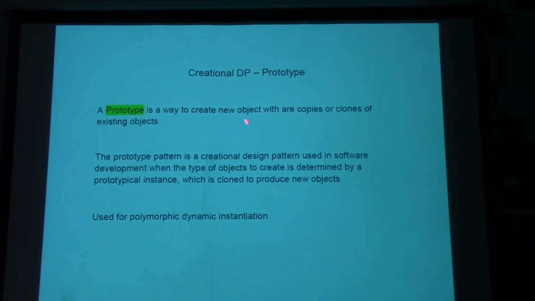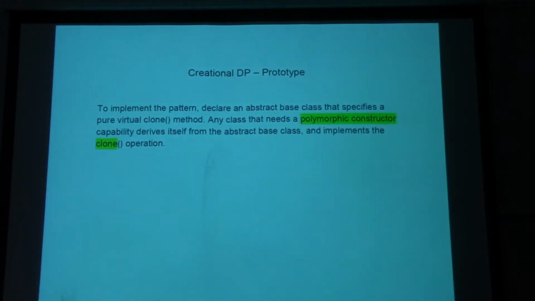In Java, for example, there's something called a Cloneable interface. The Cloneable interface in Java requires the clone method to be coded. Well, we have to have a clone method here. So to implement the pattern, we declare an abstract base class. You're going to see that this is going to be happening over and over again. And an abstract base class requires what? At least what?